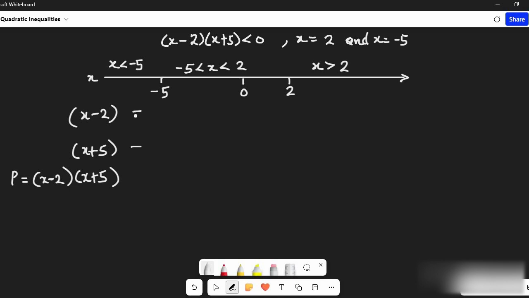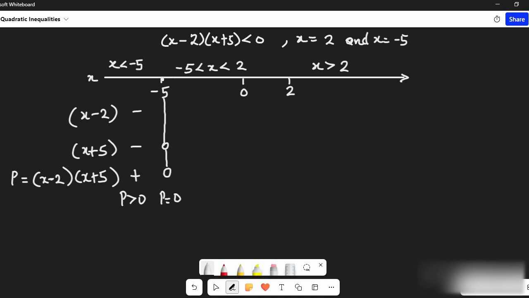Therefore, the product, which is minus times minus, is plus. So the product will be greater than 0, because all positive numbers are greater than 0. And when it is exactly minus 5, x plus 5 will be 0, and of course the product will be 0.